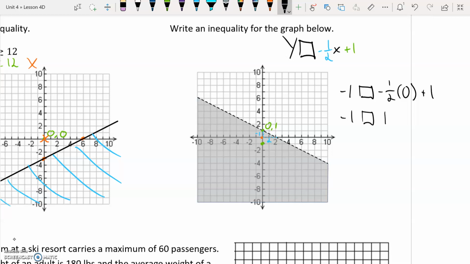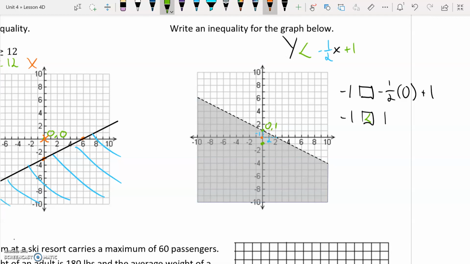So now what inequality sign makes the relationship between those numbers true? And so -1 is less than +1, so this should be a less than. So that should also be a less than in the original equation up here. So this should be less than.